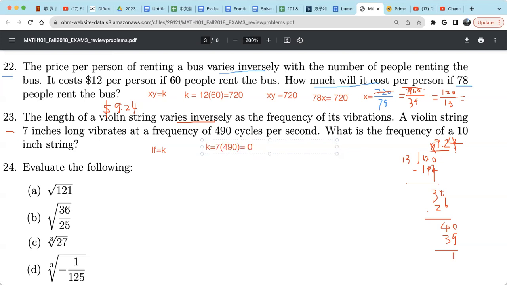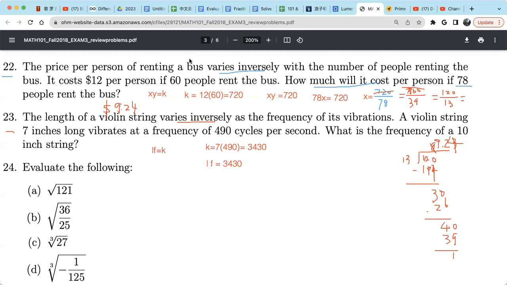So I have 0, I'm going to do backwards. 3, right? Then I carry 6 to the next one. 4 times 7, 28. 28 plus 6, 34. So that's 3430. So the length of the violin times the frequency of the vibration equals 3430.